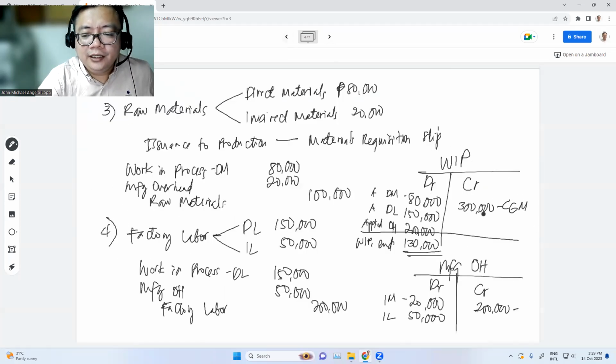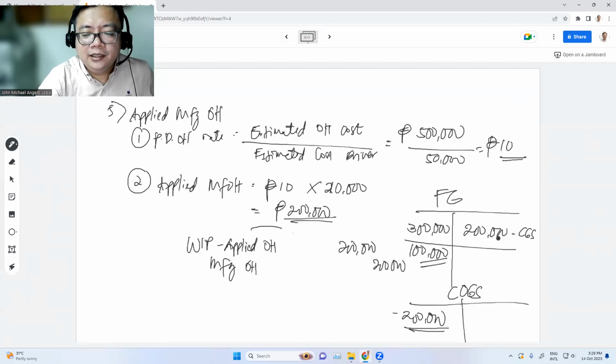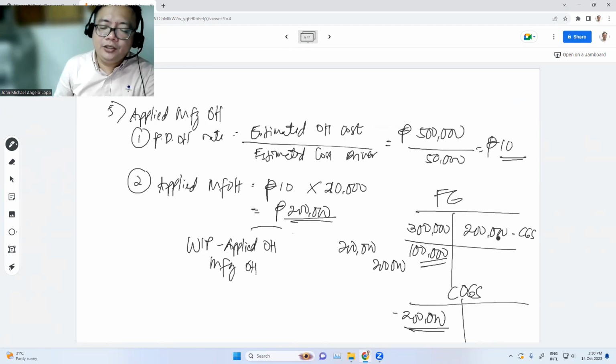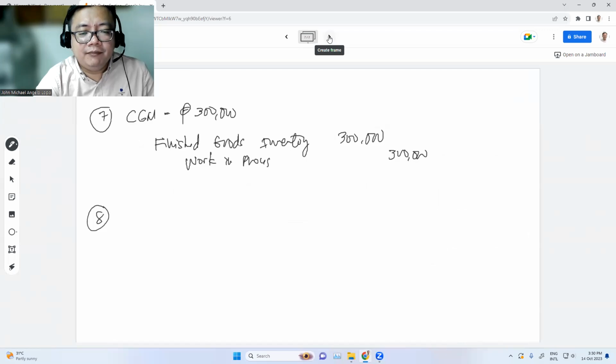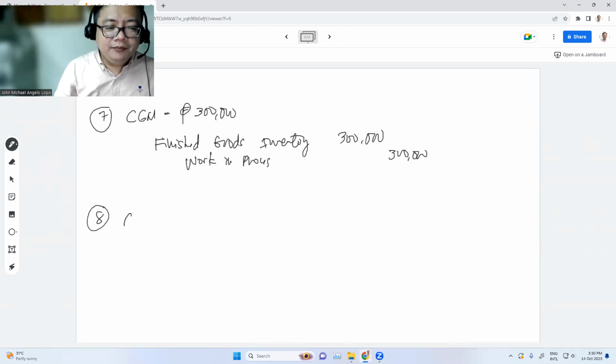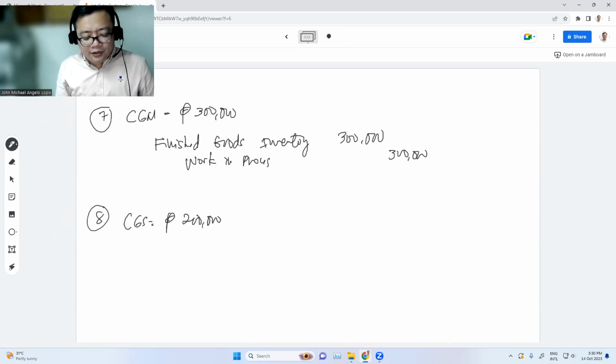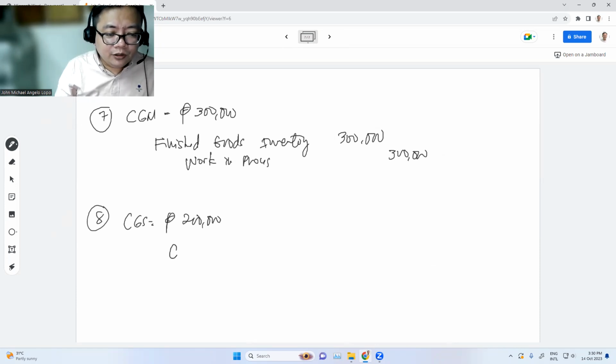Alright? So you have 300 and eventually yan ay magiging 300 minus 200. So meaning to say, yung 200,000 mo ay magiging cost of sales na. So you debit here our cost of goods sold, 200,000.